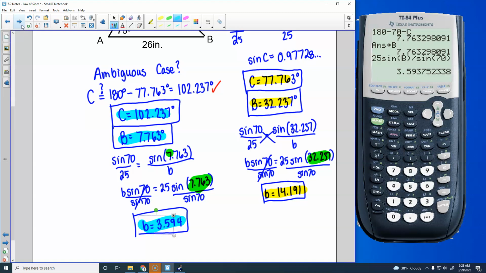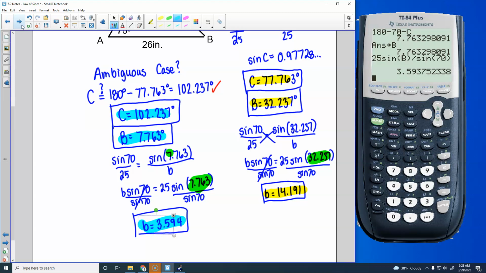If I give you one of these on a quiz or a test, then you need to give me both sets of answers there. So you would give me all of the possible answers. In real life, you would need to go and take another measurement.